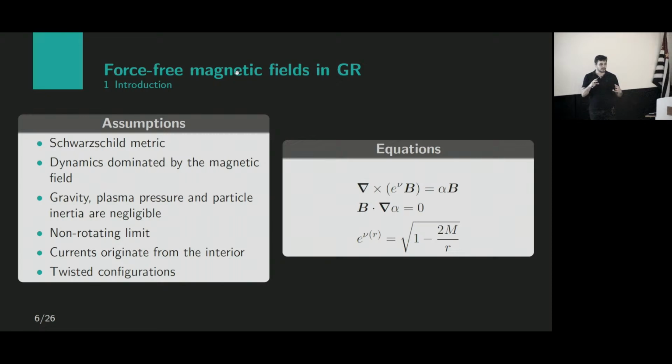So internal processes, crustal motions, and magnetothermal evolution in the interior of the star displace the magnetic field lines, and this induces helicity and energy to the magnetosphere and produces currents, which are important in understanding the transient, flaring activity of magnetars. So we will assume that we have currents in the magnetosphere, but they originate from the interior, and we will only model them using some assumptions of how they look at the surface, not how they are actually produced in the interior.